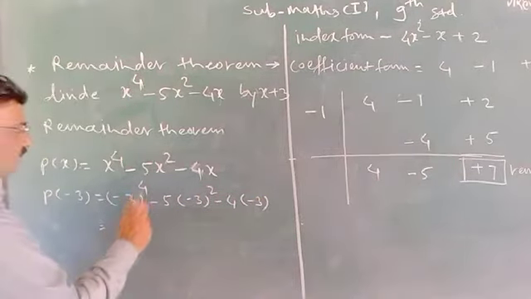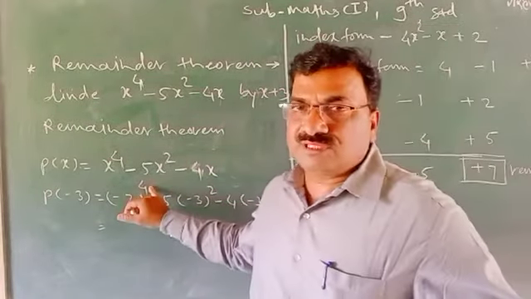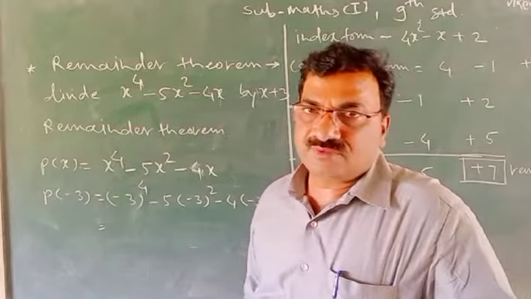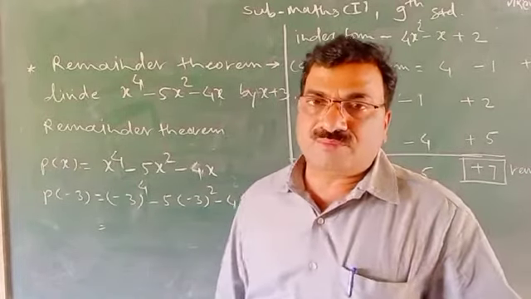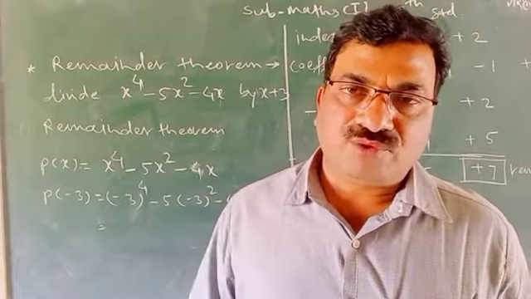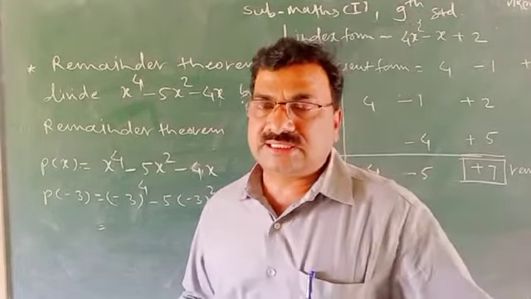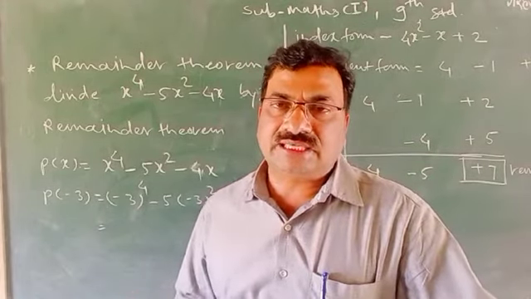We know that if the power is even, then the value of that number is always plus, even though the number is negative. The fourth power of 3: 3 3s are 9, 9 3s are 27, and 27 3s are 81.